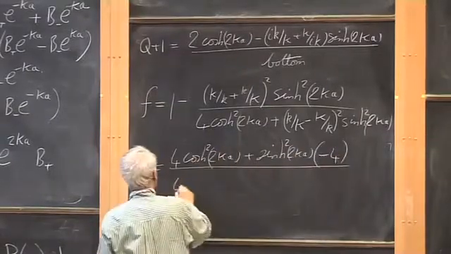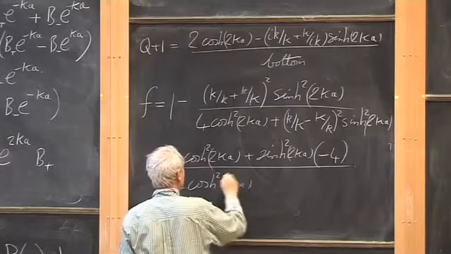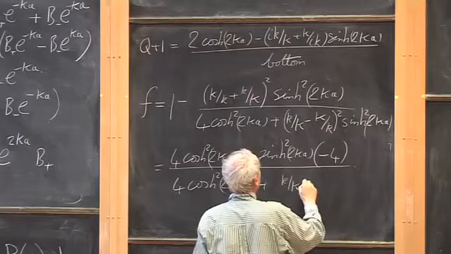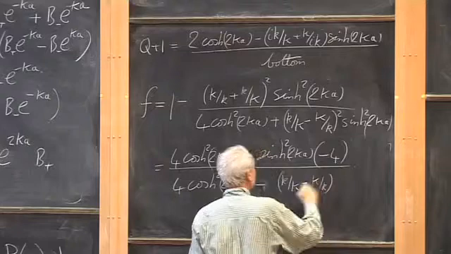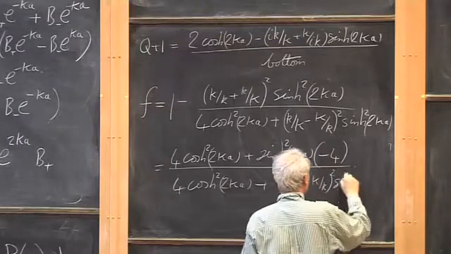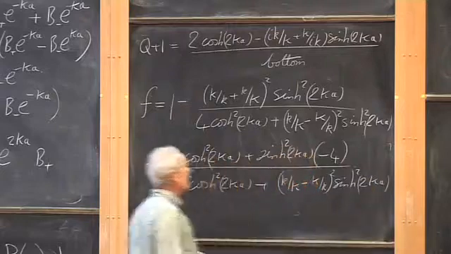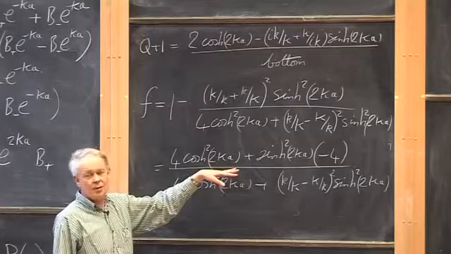And it's over the bottom as you see it, over 4 cosh squared 2ka plus k over k minus k over k, squared, sinh squared 2ka. And the top simplifies most beautifully because cosh squared minus sinh squared is 1.